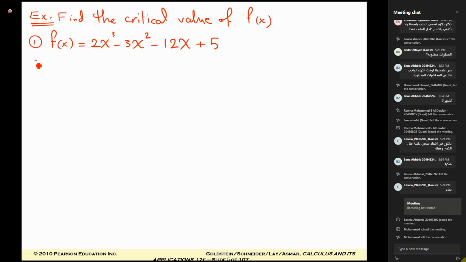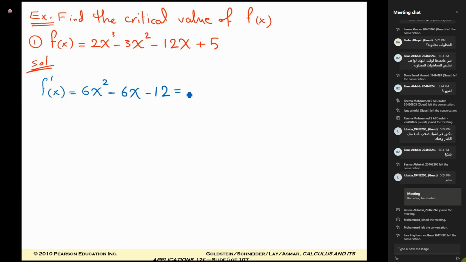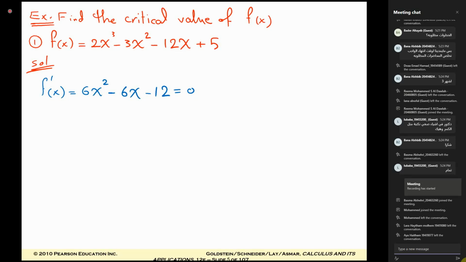Solution: to find the critical value or stationary point, firstly we must find f prime, which equals 6x squared minus 6x minus 12, equal to 0. This is a quadratic equation, and we can solve it any way. If we divide by 6 to simplify, we have x squared minus x minus 2 equals 0.